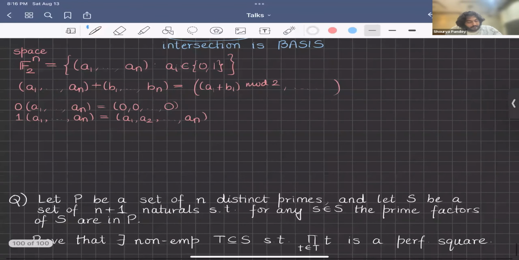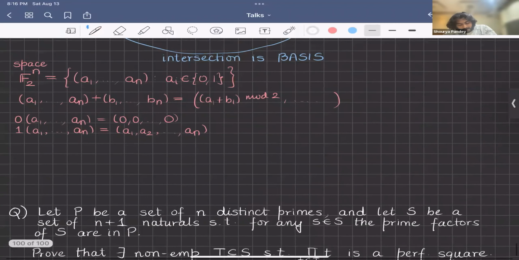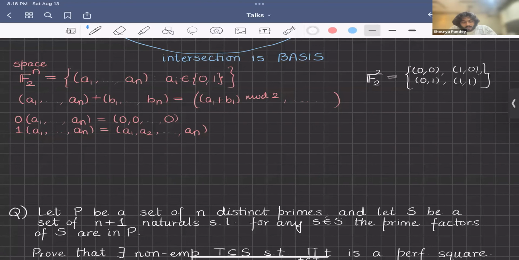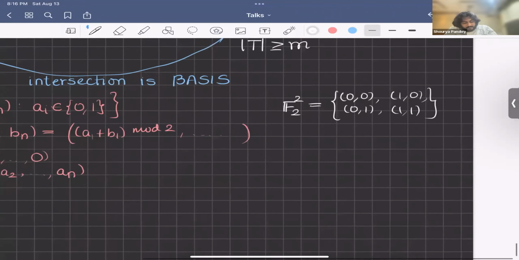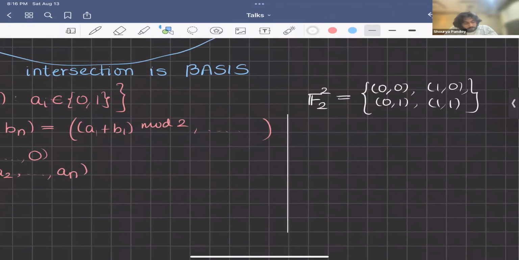So just to look at what sort of vector spaces are in this, let's look at F2, which is just 4 points, right? It's just 0,0; 0,1; 1,0; 1,1. And what are the vector spaces in this?